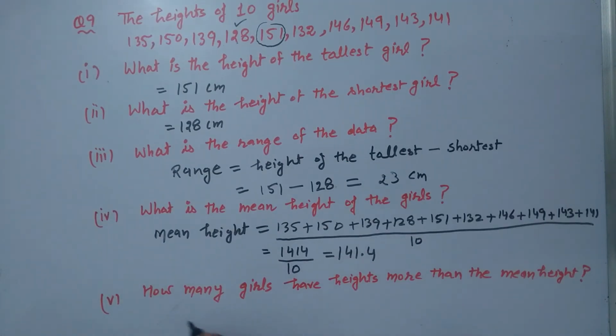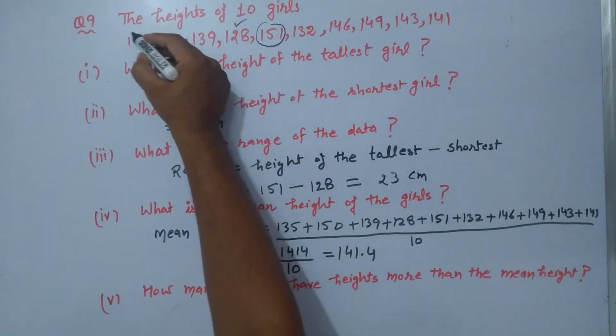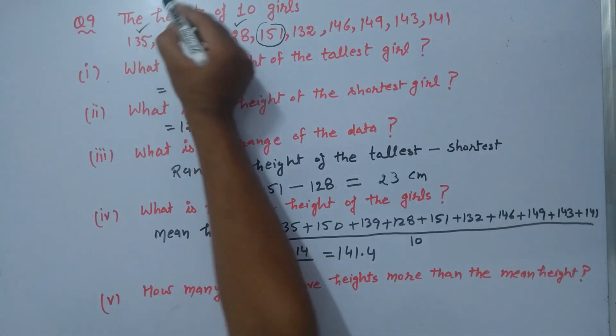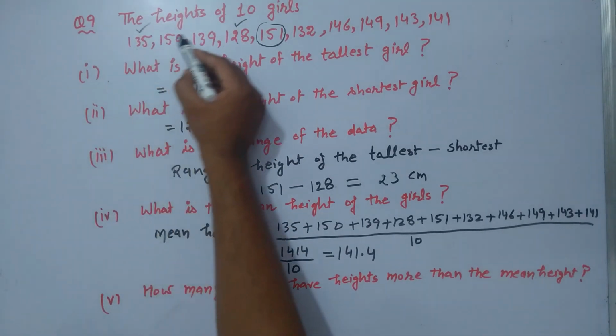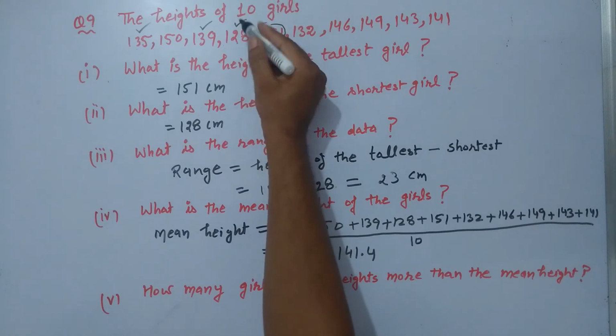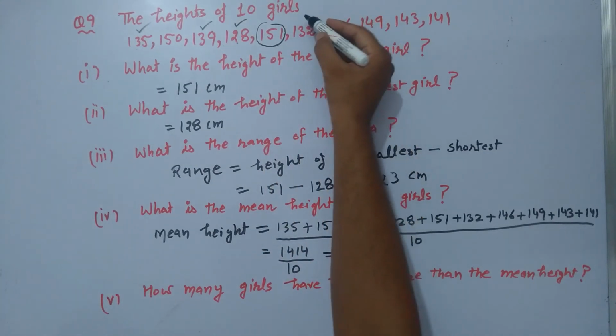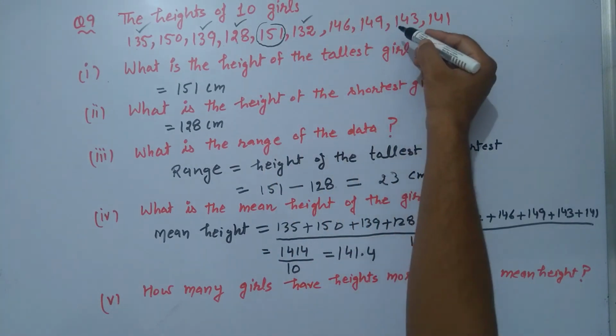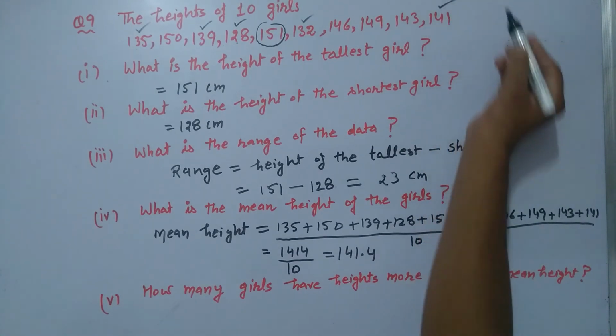Our last part is how many girls have heights more than the mean height. So first of all, what is the mean height? 141.4. So search how many girls have heights more than 141.4. This is 1, 2, 3, 4, 5.